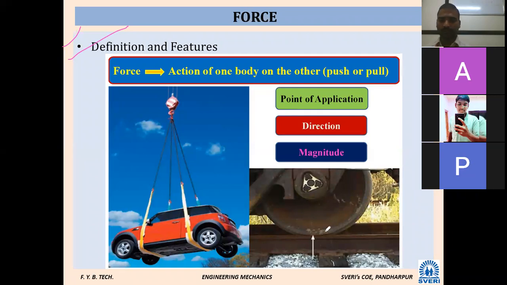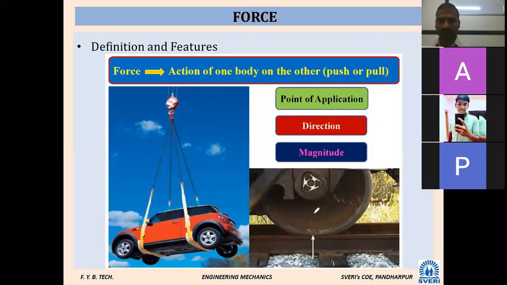See, this is one object. What is this one? Wheel of a train. When this wheel of the train is resting on the track, the weight of this wheel is acting on this track.